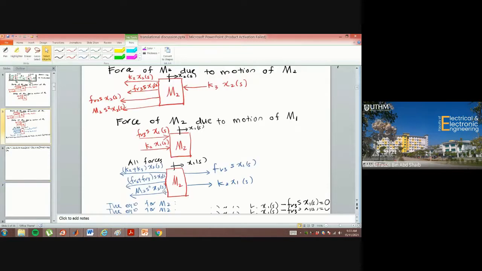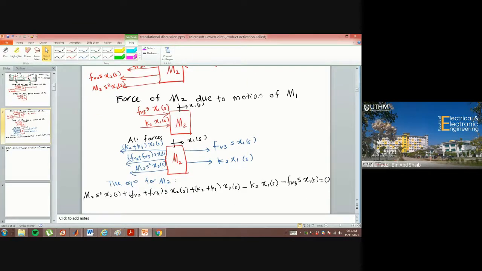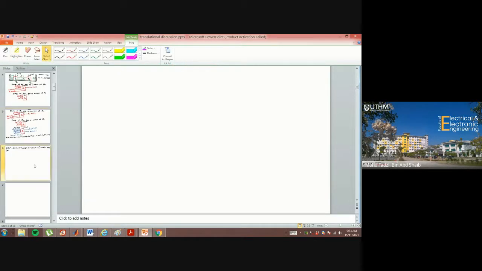Another, equation 2, is this. So I just copy it again. Question number 2.